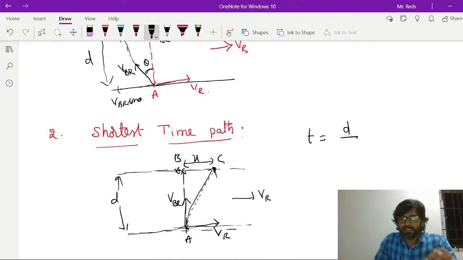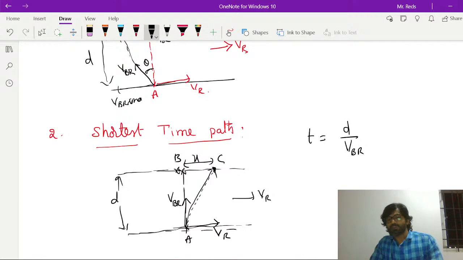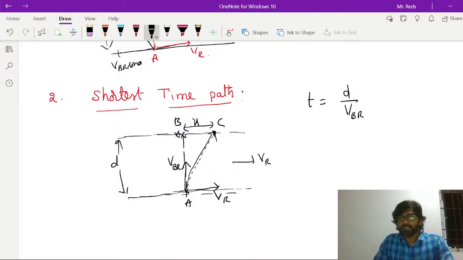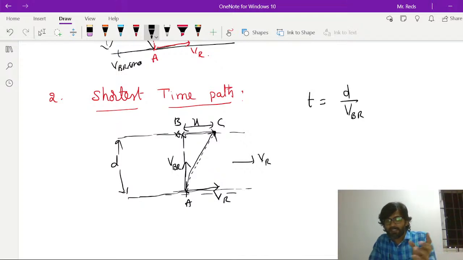The velocity with which the boat is traveling is VBR, the velocity of the boat with respect to the river. As the river is also moving in this direction, VBR plus VR together will drag it, so it will travel this distance. But to travel along this distance, the component of velocity which is dragging here is only VR.